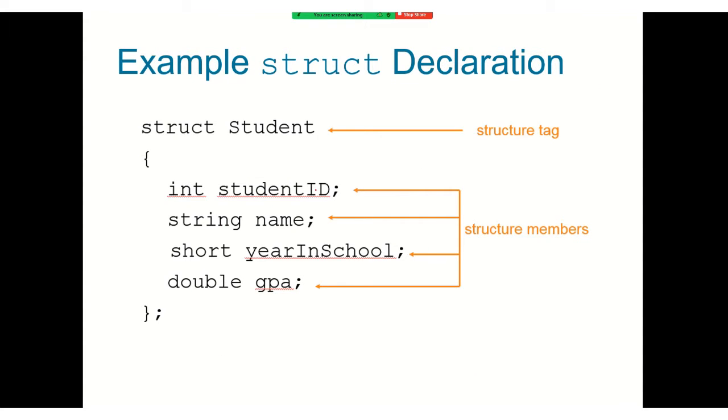Now, exactly the thing that we were talking about, the student. This is called the structure tag, or you can say structure name. Then you have the structure members like student ID, name, year in school, and GPA. These are the four important structure members.